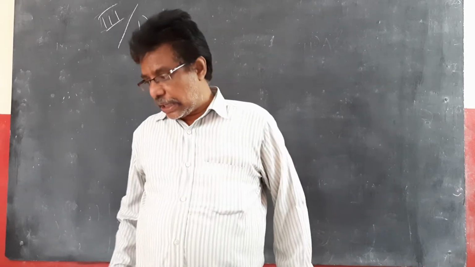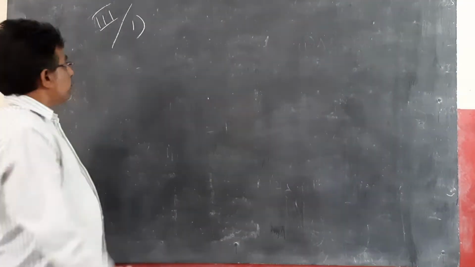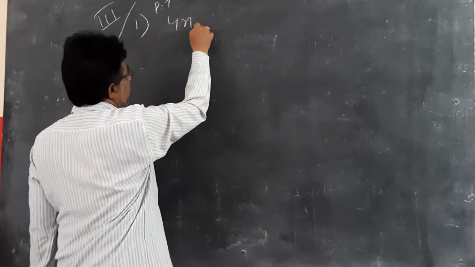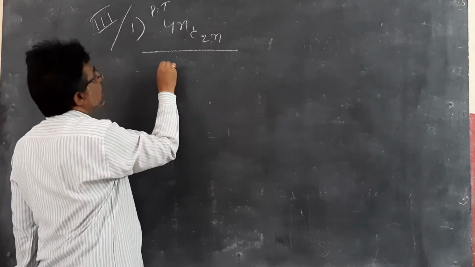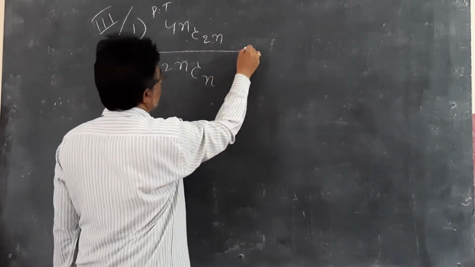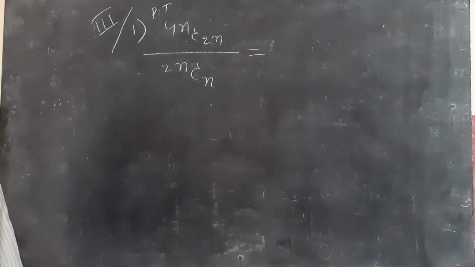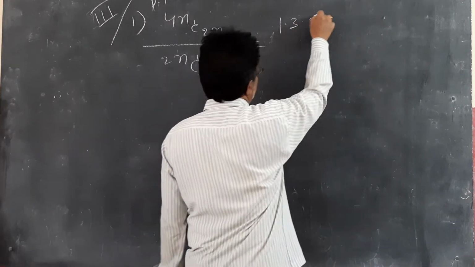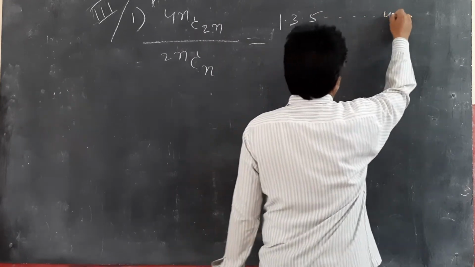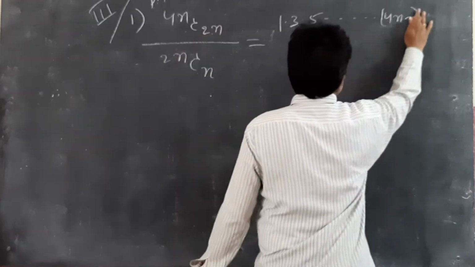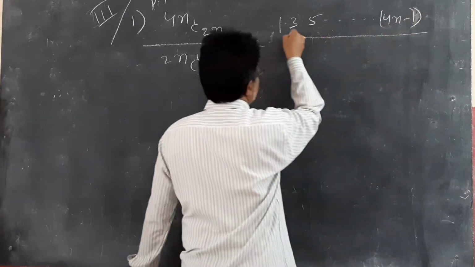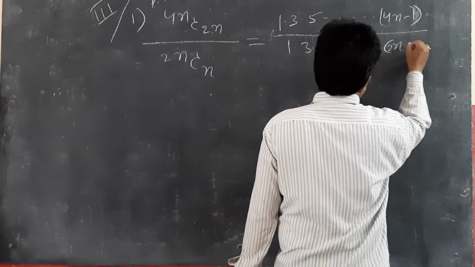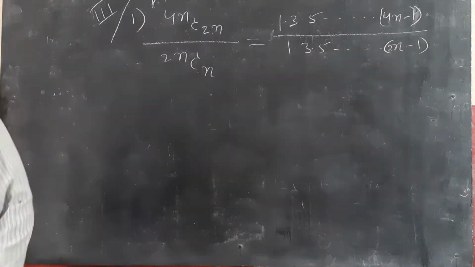We will start with the third Roman first sum. Very important for 4 marker. Prove that 4nC2n divided by 2nCn equal to 1 into 3 into 5 into and so on 4n minus 1 by 1 into 3 into 5 into and so on 2n minus 1 whole square.